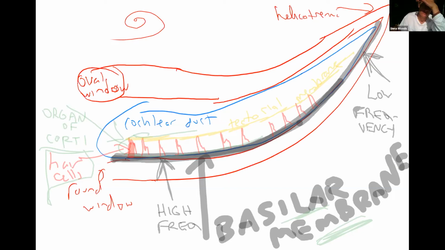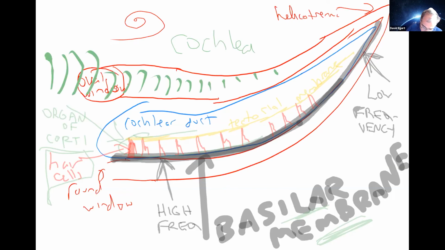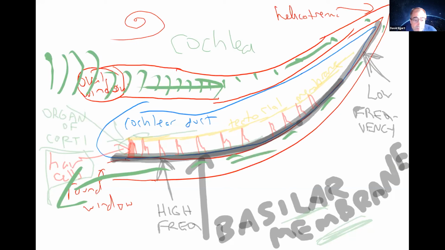So basically what's going to happen here in the cochlea is this. The sound vibration comes in, going up here. As the vibration goes up and down, depending on if it's high or low, it's going to be absorbed and shake the basilar membrane at a different section, depending on its frequency.